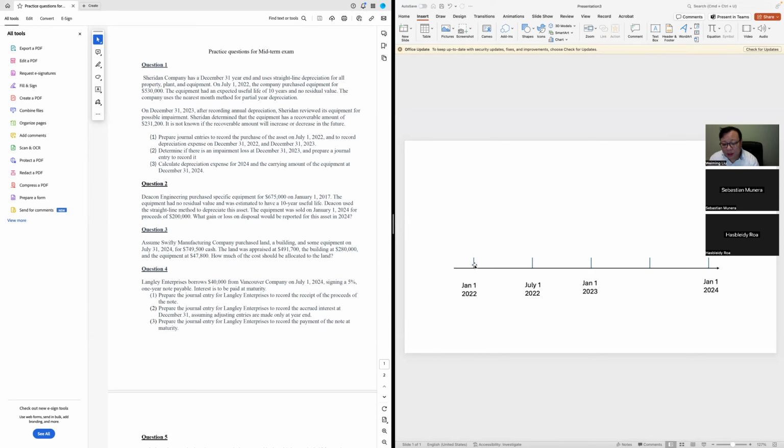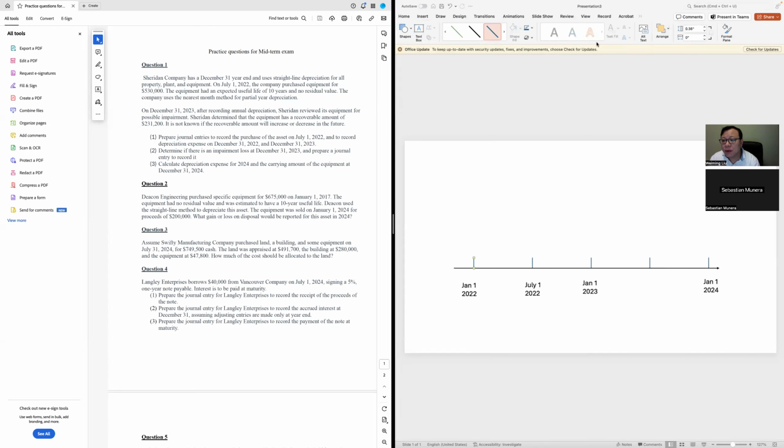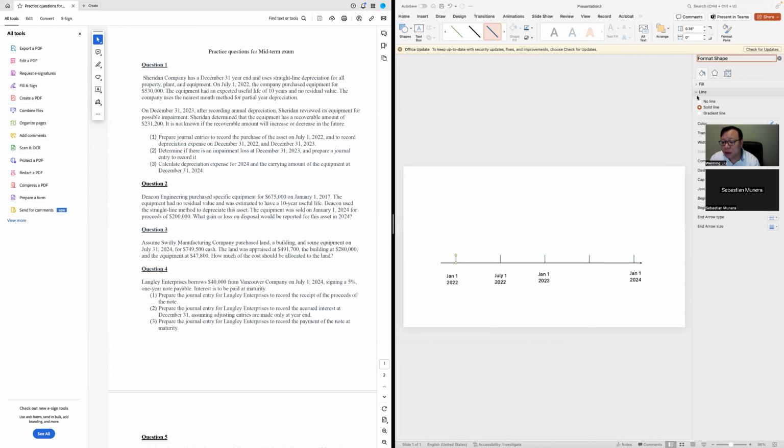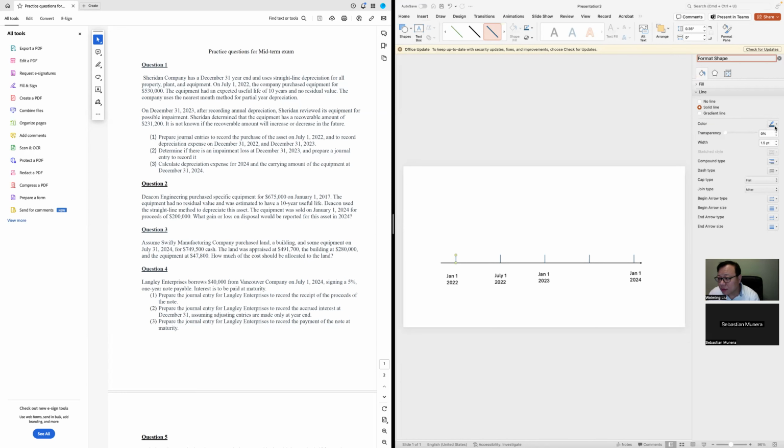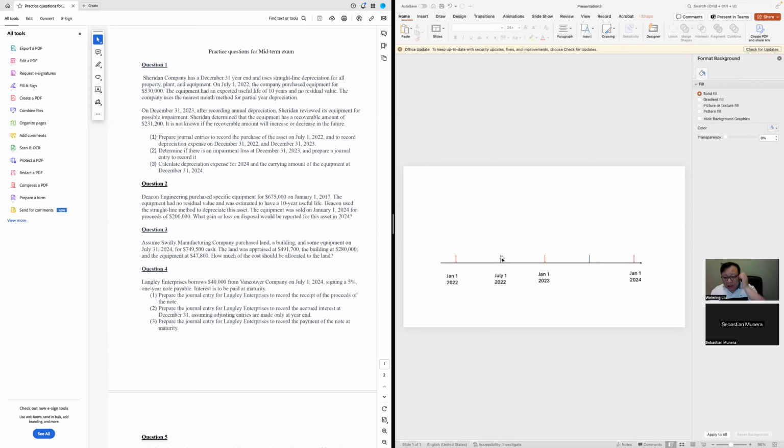You can see these are 1 year. I'm going to use a different color, maybe a red color. Between the two lines of the red color, that's 1 year. And the middle one is the middle of the year. That's the July 1st.